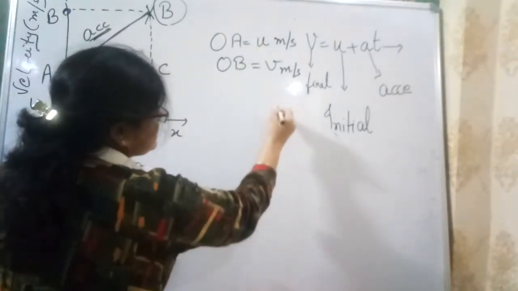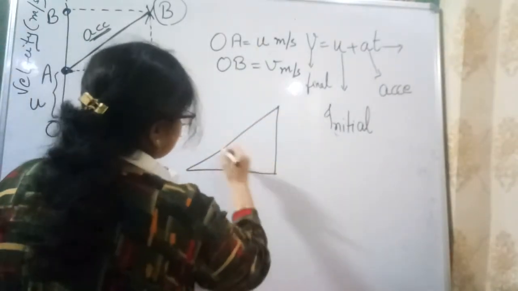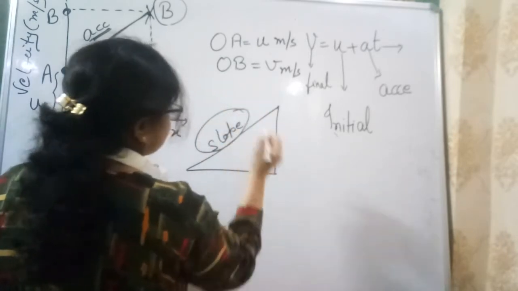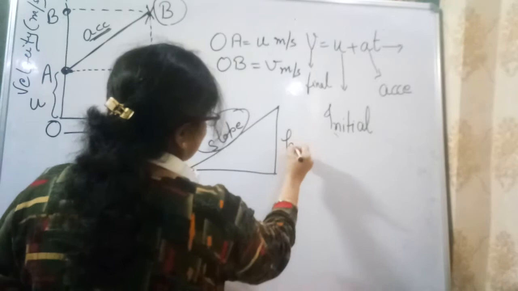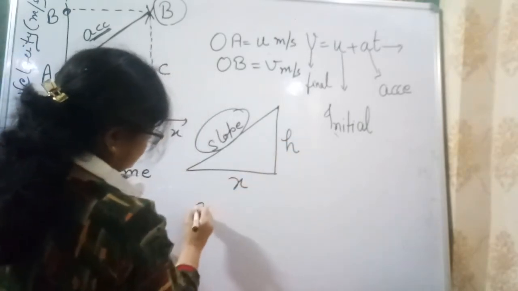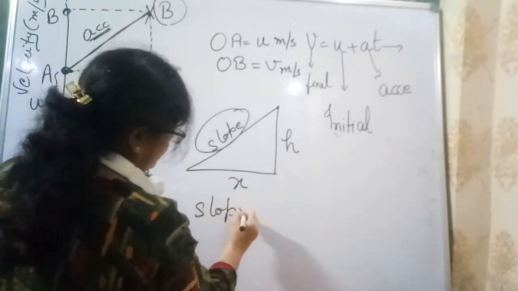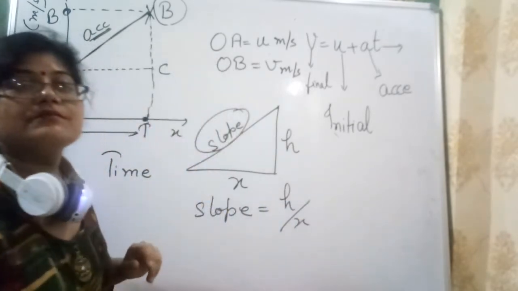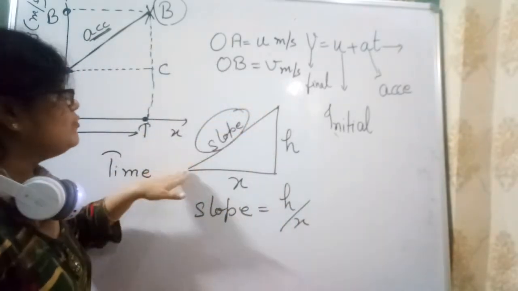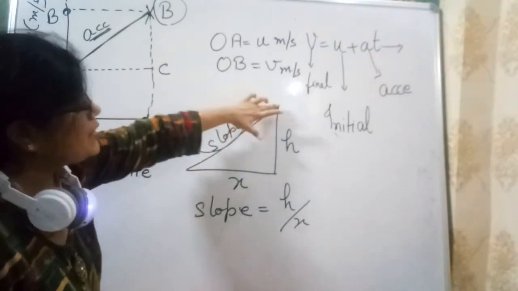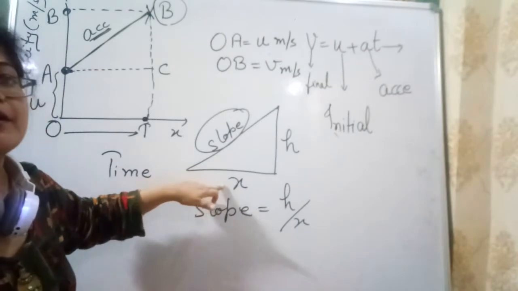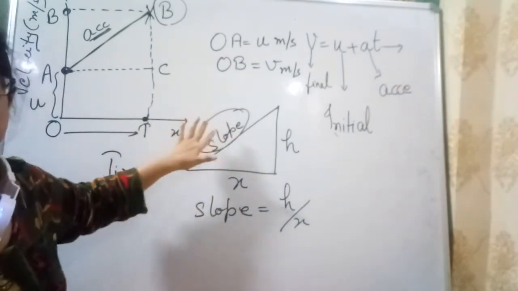And whenever there is a graph like this, the slope can be calculated by, for example, this is h, this is x. That means if we want to find the value of the slope, we have to divide h by x. In this way we can find the value of this slope. अगर हमको इस लाइन का वैल्यू निकालना है तो हमको इस लाइन और इस लाइन को डिवाइड करते हैं तो इस लाइन का स्लोप का वैल्यू आता है.